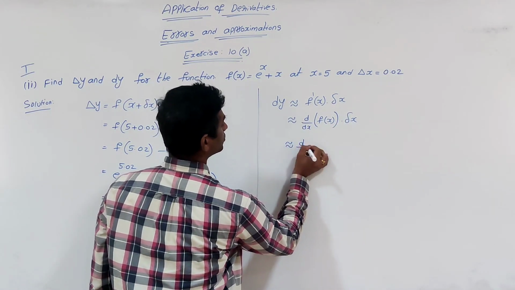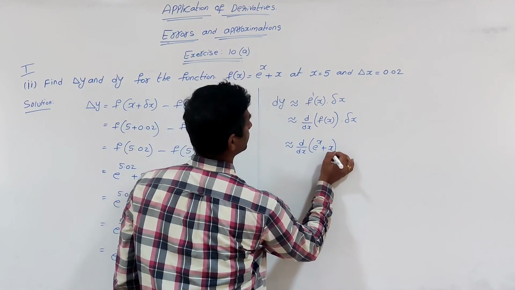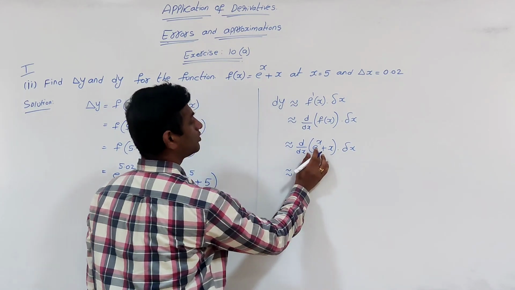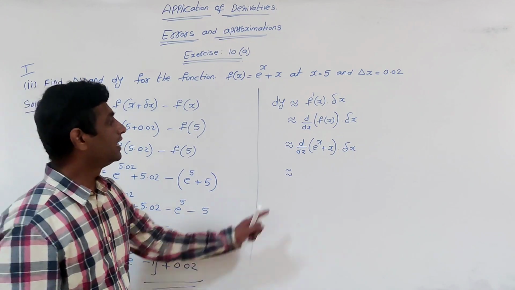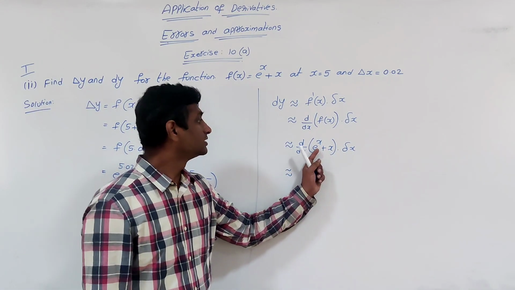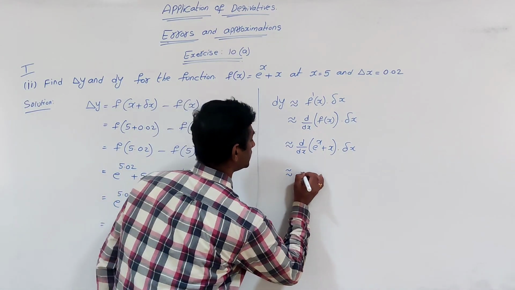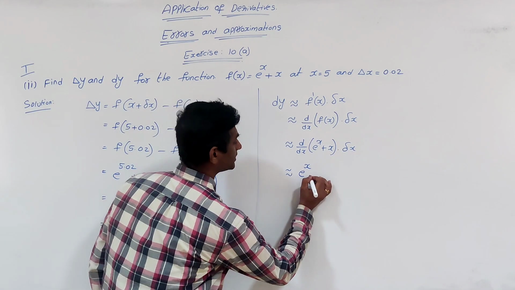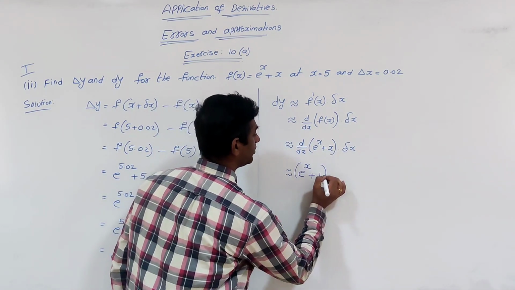D by dx of the function e to the power of x plus x into delta x, which is derivative of e to the power of x plus derivative of x, because it is the sum of two functions. So the derivative of e to the power of x is the same, e to the power of x, plus derivative of the function x is 1, into delta x.